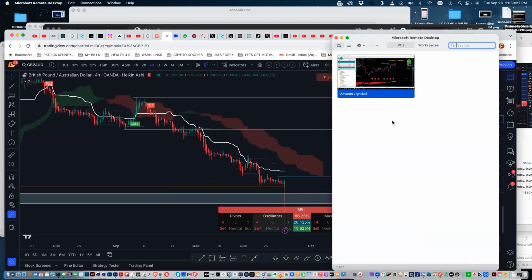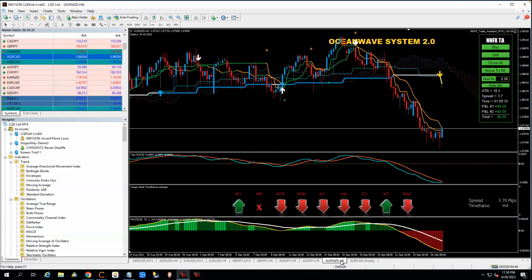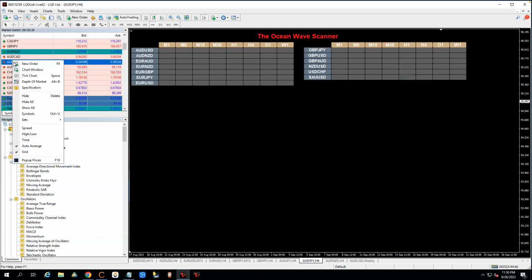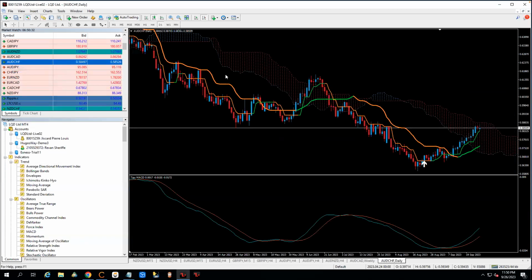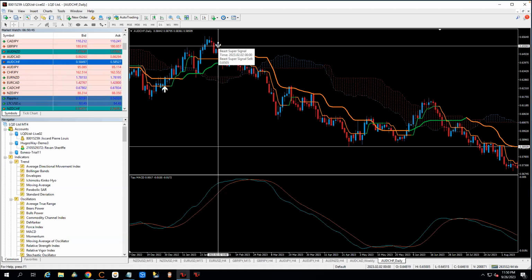Now, pairing it up with Ocean Wave is something different. It's something completely different when you're pairing it up with something like the Super Friend trend, right? You guys understand now the value and power of this, why this works the way that it does. So I got a beast arrow. I don't just get in because I see a beast arrow. This arrow repaints.